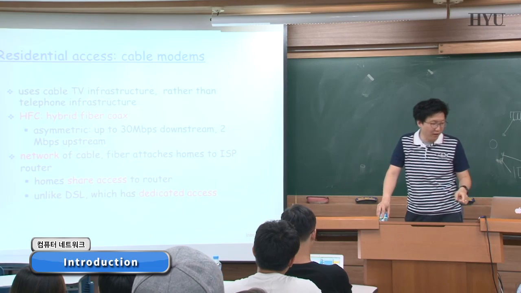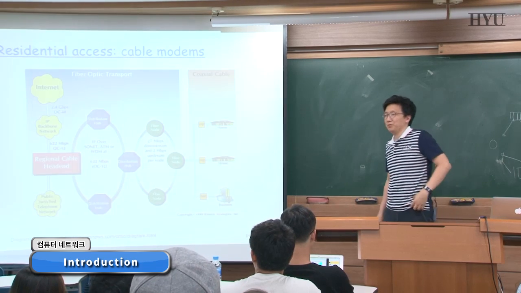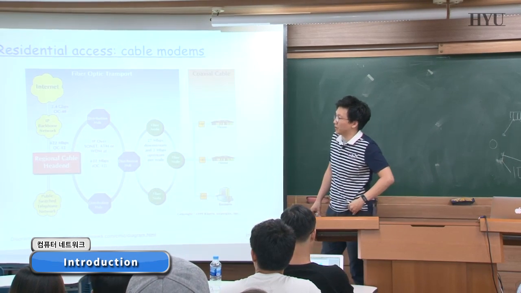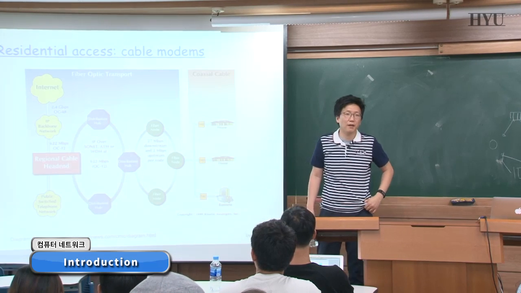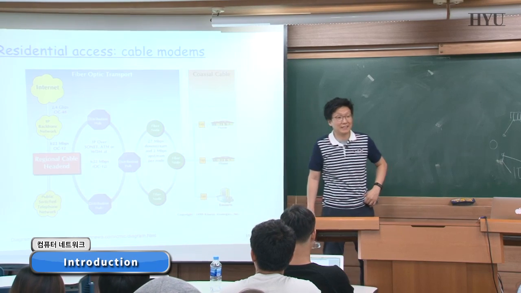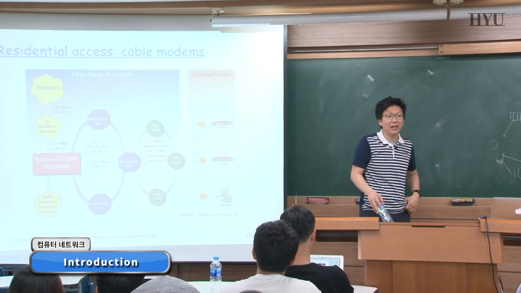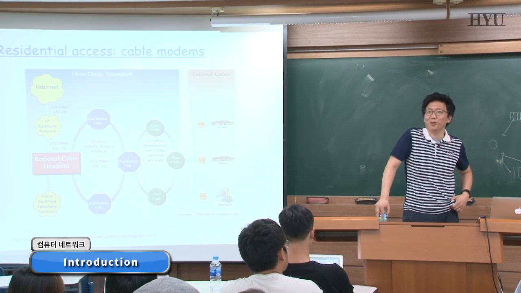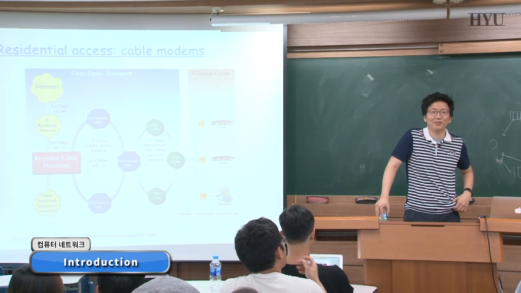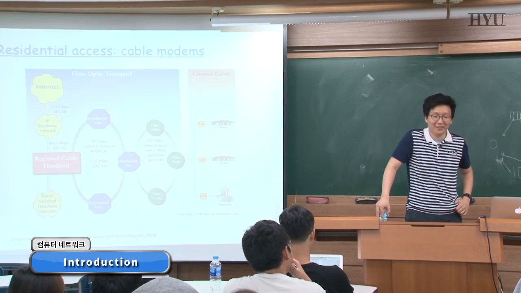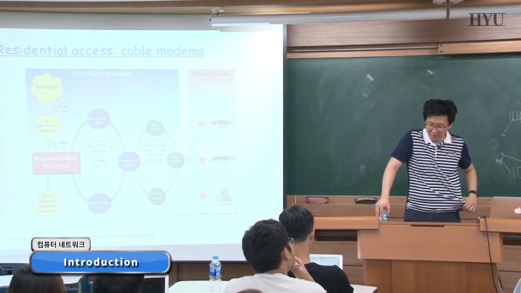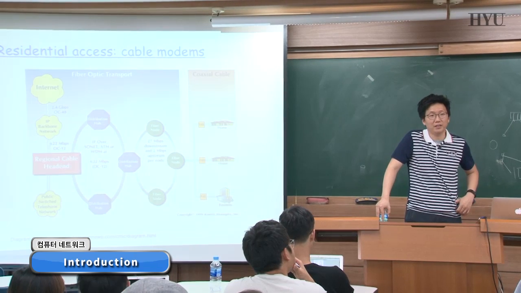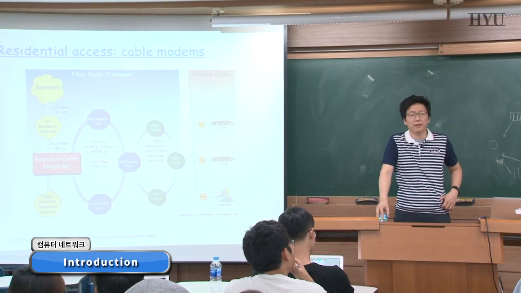There is also a competitor. If you try to purchase an internet service at your home, what options do you have? Huh? I don't think anyone uses ADSL anymore. It's a 15 years ago, 20 years ago story. Nowadays, you might have a choice: you can buy an internet connection from your local cable providers.